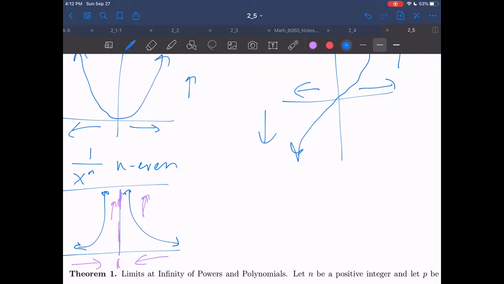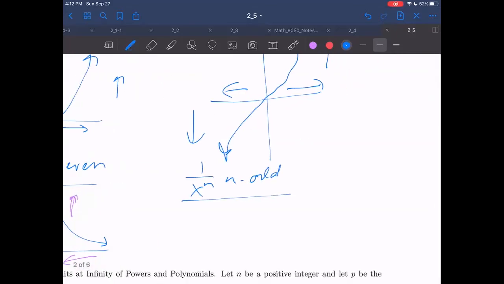Okay, and then we've got 1 over x to the n if n is odd. We still don't have actually that example, but we've got something similar. If we approach 0 from the right, we go off towards positive infinity. If we approach 0 from the left, we go off towards negative infinity.